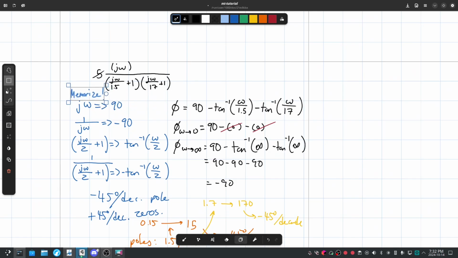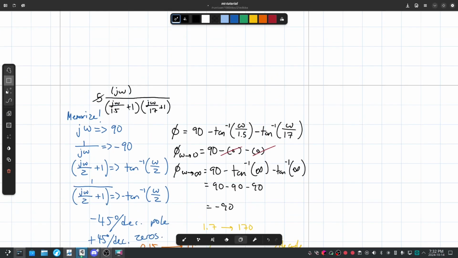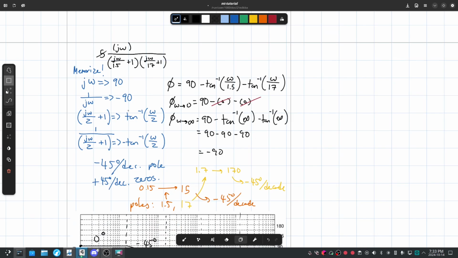So here, jw turns into 90. 1 over jw turns into negative 90. And likewise, jw over z plus 1 turns into tan inverse. 1 over that is going to be negative tan inverse. On the midterm, do we just have to derive that? You don't have to derive that. You have to memorize it.